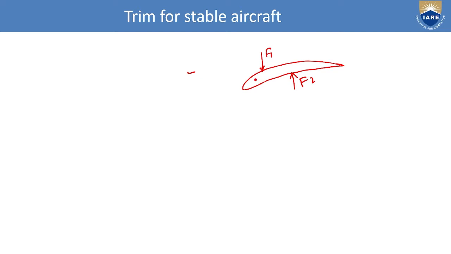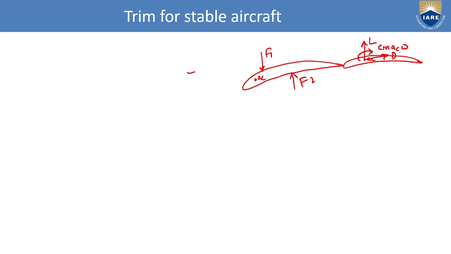Here is the AC. If I want to make this representation at one point, this is called the aerodynamic center and this is the lift, this is the drag, and there will be a moment that is called CMAC wing.